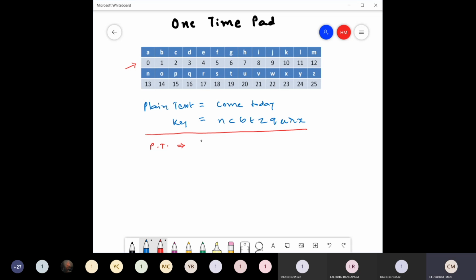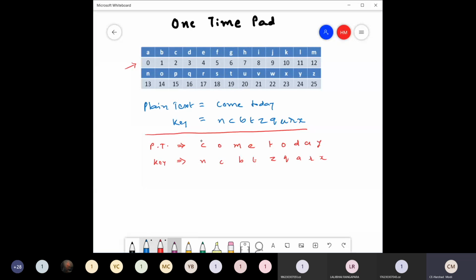The plain text is C O M E T O D A Y, and the key is N C B T Z Q A R X. Okay, Z we had missed.